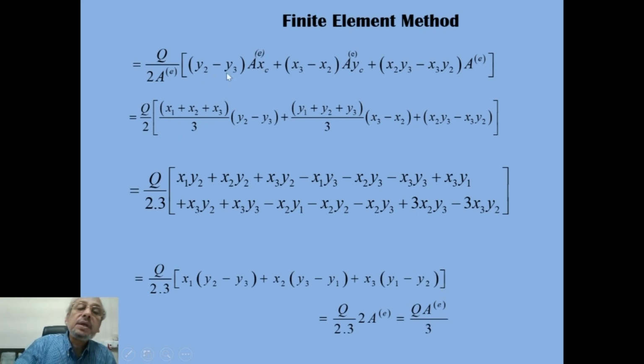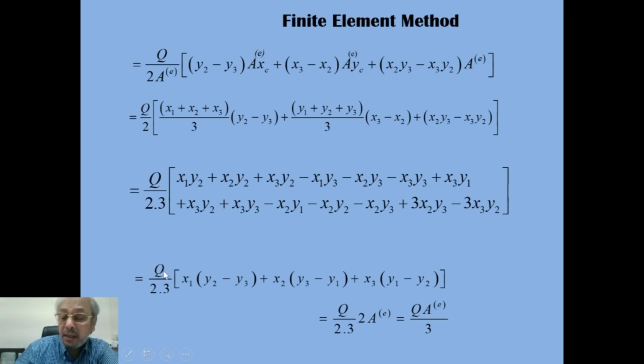This involves somewhat involved algebraic steps: performing integration, substituting the values and rearranging. But if we do that systematically, we'll get q into A divided by 3, which is nothing but again the area of the triangular element, and q is basically the volumetric heat generation rate.